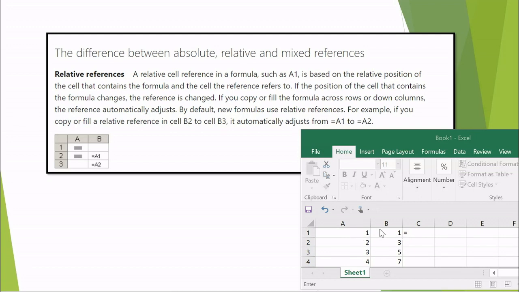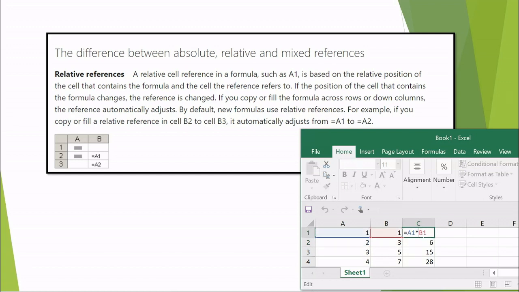I am having A1, B1 and I have 2 columns like this. Suppose I make a formula that A1 has to be multiplied by B1, and now I want that this formula should be copied. So when I copy the formula and reach the next value, you can see he has taken the relative position.